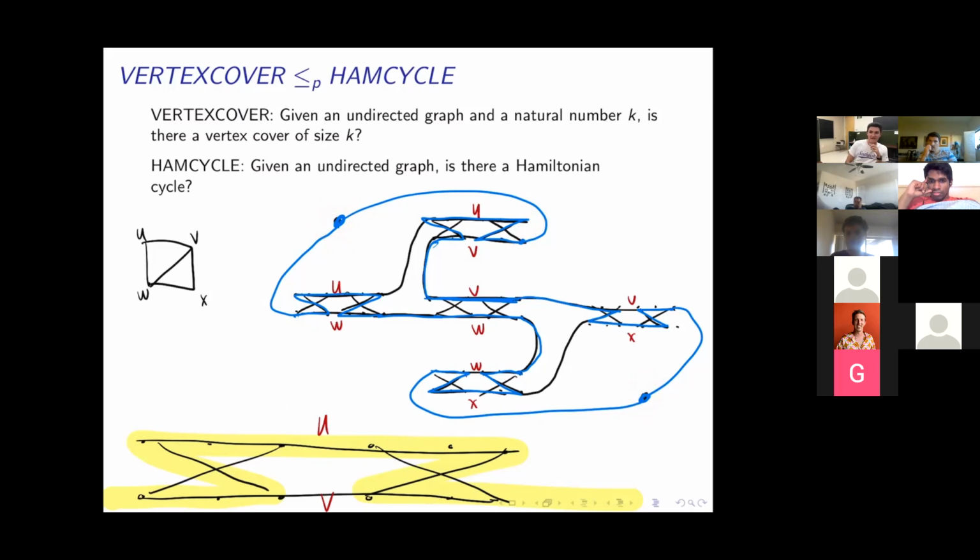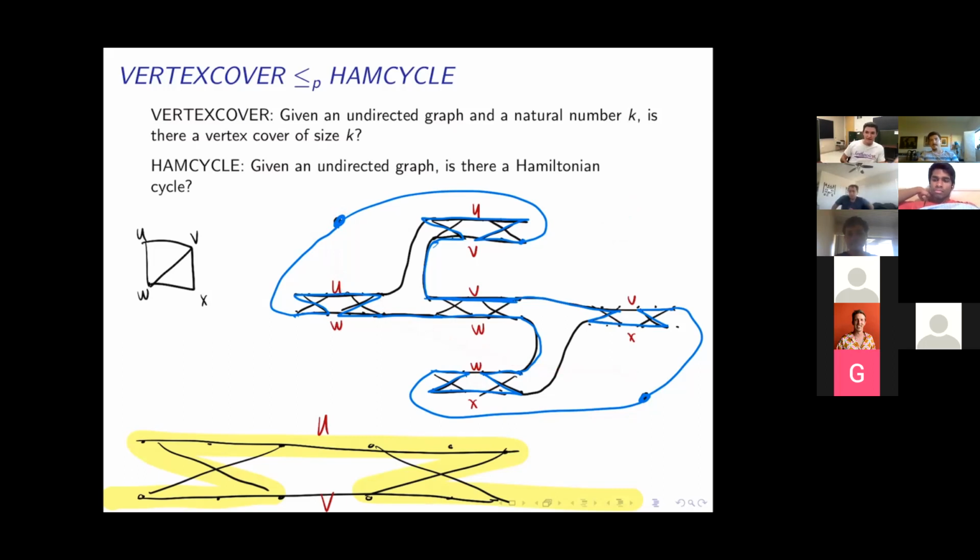And for exactly that reason, I could have traveled from here to here along W and then back along V, or from here to here along, like, there are lots of options here. And also interestingly, there's a one-to-one correspondence, not just between if there's a vertex cover, then there's a Hamiltonian cycle, but between the vertex cover and the Hamiltonian cycle.